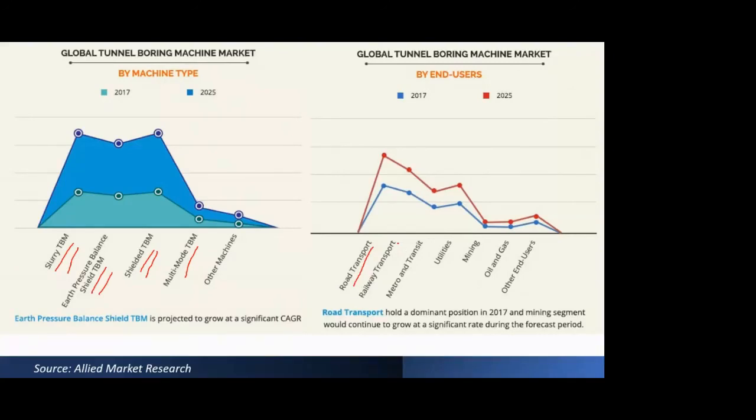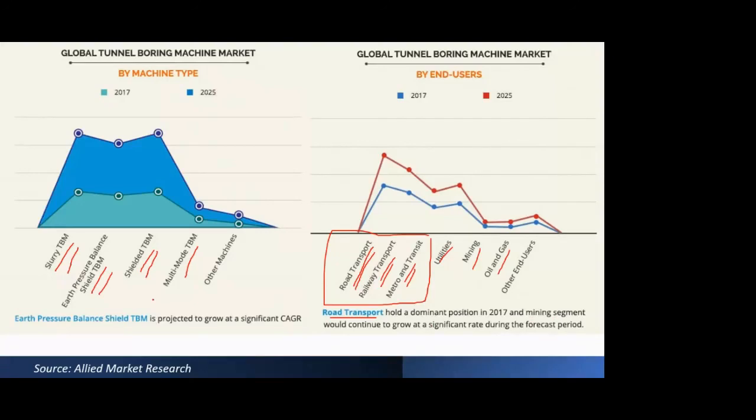In the 2017 trend, the most widely used are obviously road transport, railway transport, and metro, and then a smaller amount for other purposes like utilities such as pipelines, mining, oil and gas, and other uses. Here also you see a major chunk is related to road transport. They have also written a summary that road transport holds the dominant position.